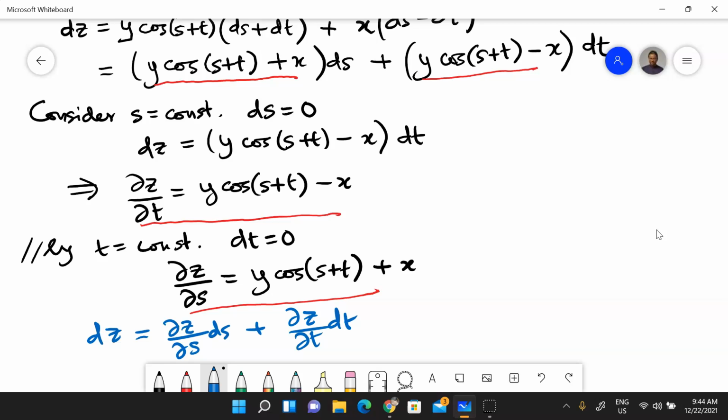So in other words, this part will sometimes become automatic. So given your differential dz, I know immediately that this is partial z partial s and this is partial z partial t.